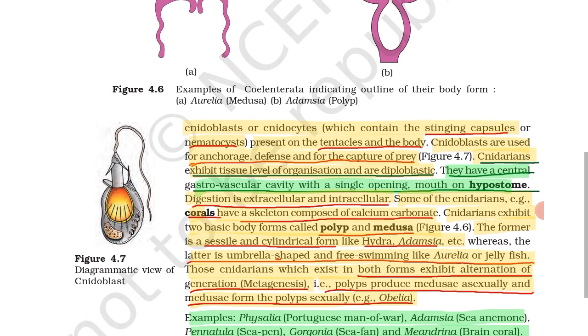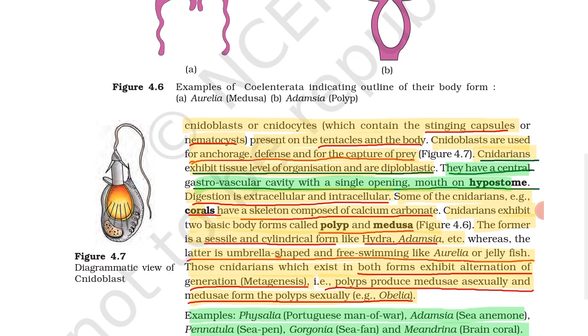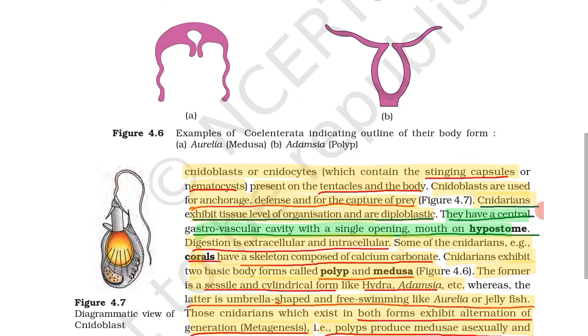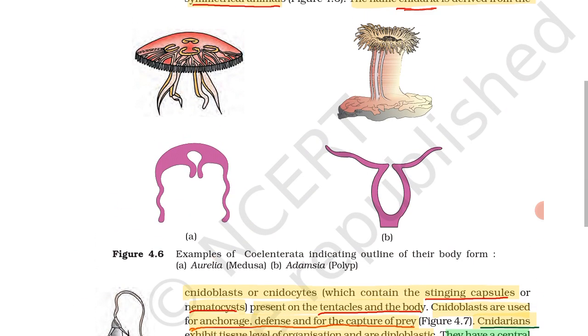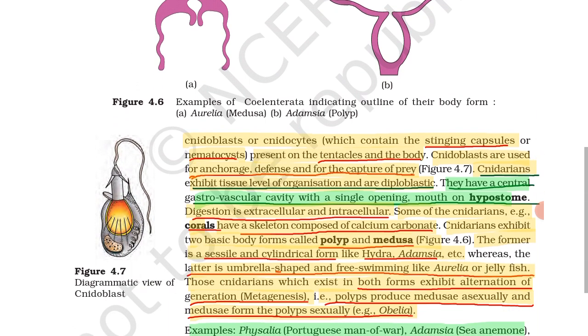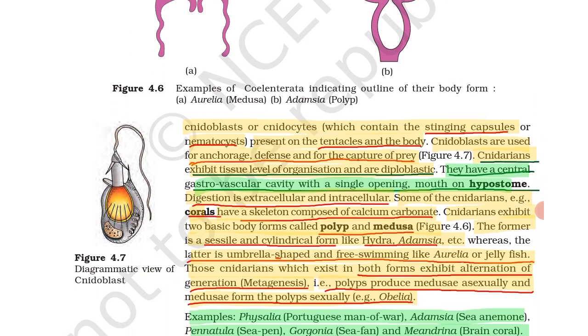And next is umbrella shaped and free swimming like aurelia or jellyfish. So see aurelia, figure number 4.6a, it is like aurelia and jellyfish and it is free swimming. It is umbrella shaped.